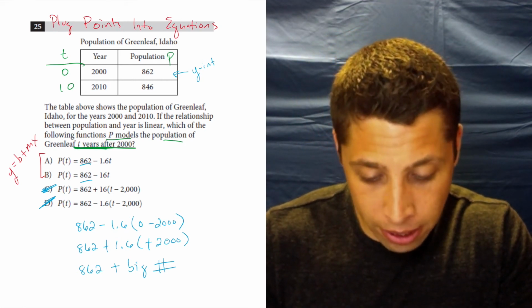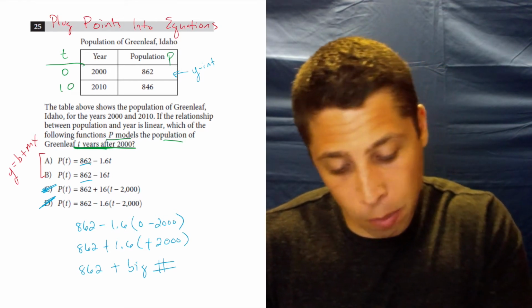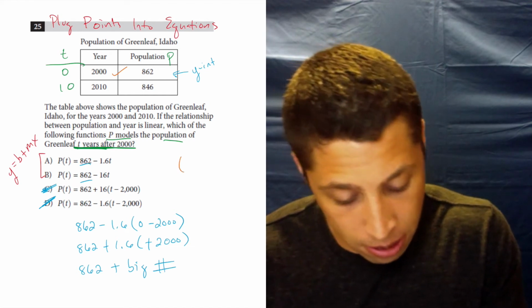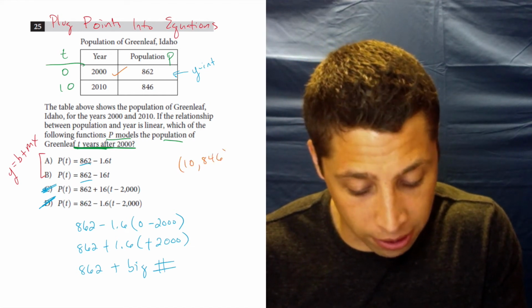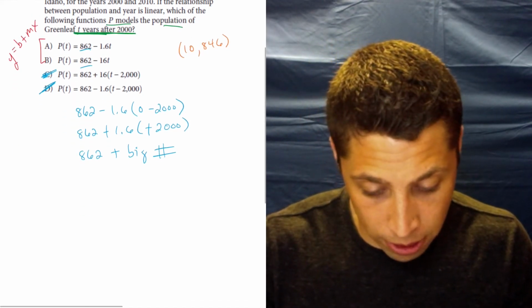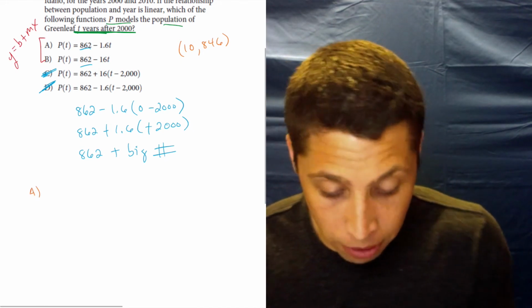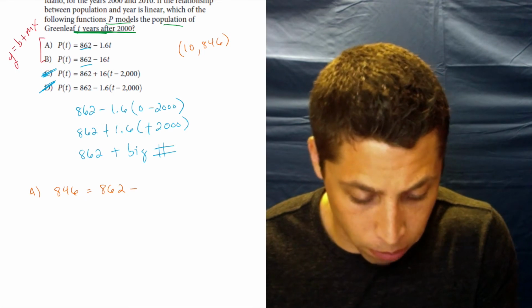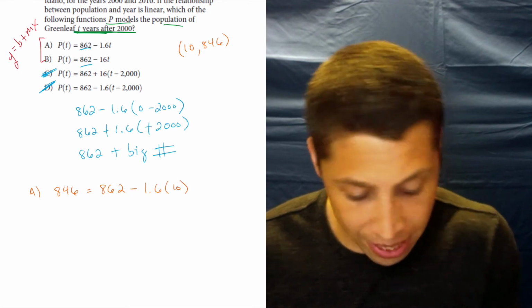But now for the last piece, we did this point. Let's do the 2010 point. That's 10, 846. So let me zoom down here, and let's plug it into both. So 846 is y. 862 minus 1.6 times 10.